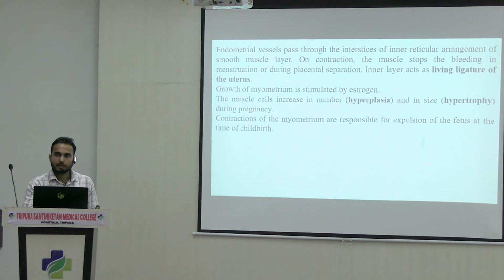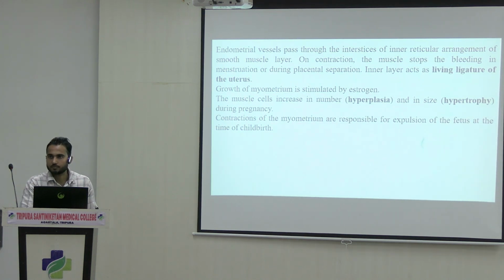Now when the muscle contracts, the bleeding stops during menstruation or during the separation of the placenta. That's why the inner layer acts as the living ligature of the uterus. So this is also an important function of the myometrium.